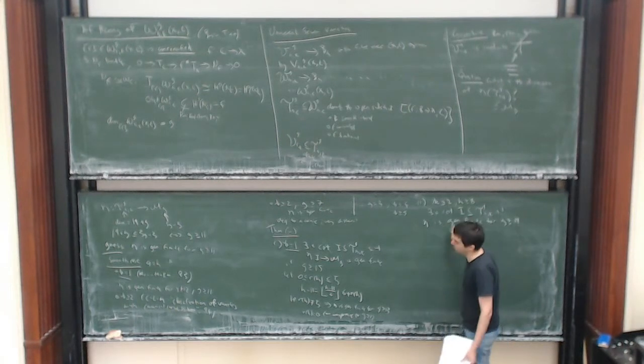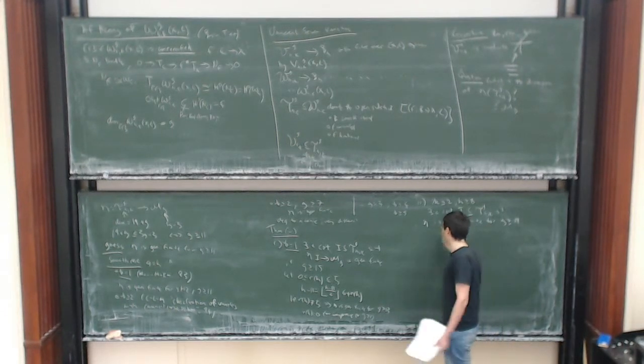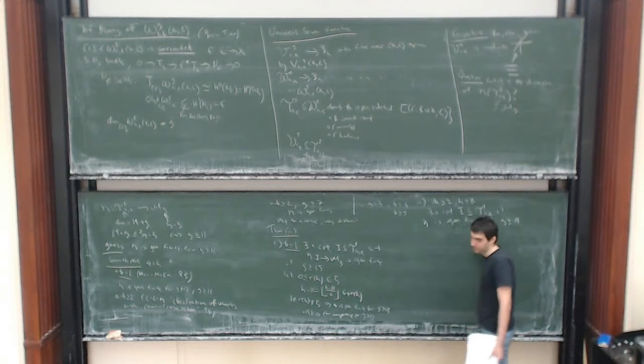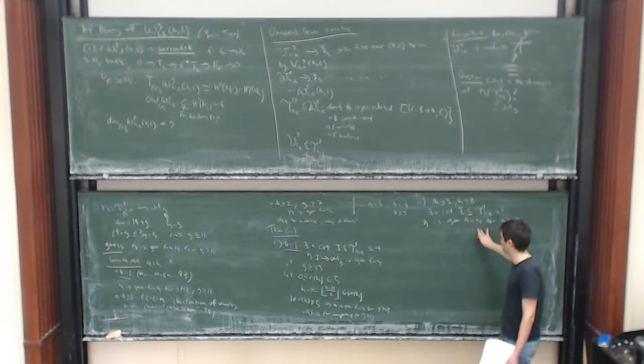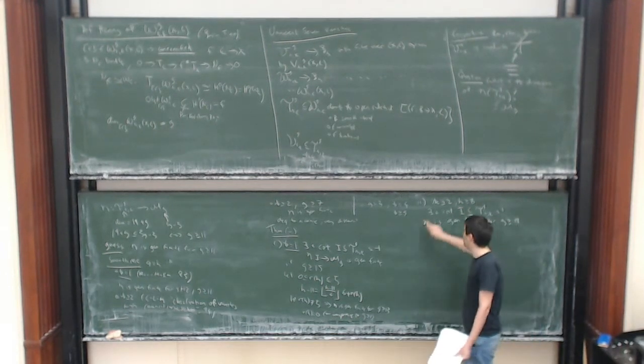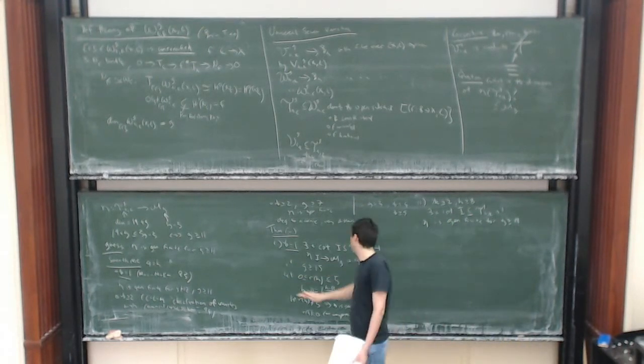And likewise, you can improve this depending on some other combinatorial properties of H, which I'm not going to write down now. And both of these are proved in a similar way using a technique very similar to Mori and Mukai's.